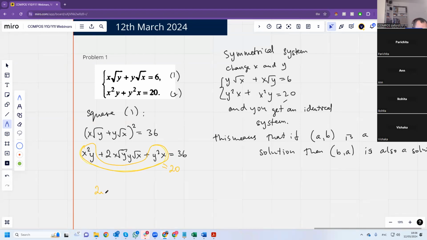So we have 20 plus 2, now this is xy square root xy, equals 36. And that means 2 xy square root xy is equal to 16, so without the 2 it's going to be 8.